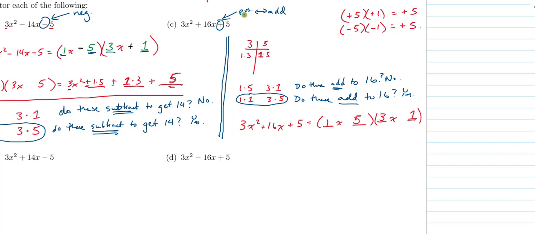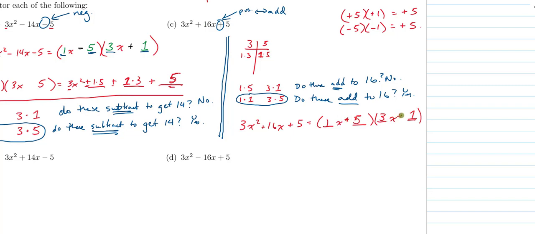So when we have the case where this trailing coefficient is positive, both these signs need to be either both positive or both minus. Finally, when we look at what we want for our middle term, we want that middle term to be a positive 16, so we're going to make both of these signs positive.